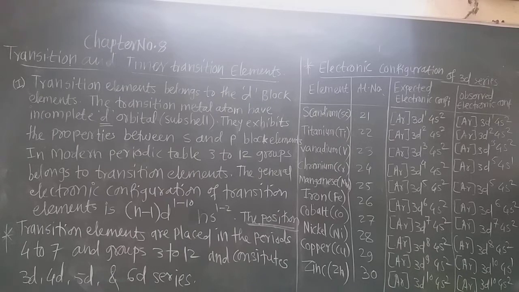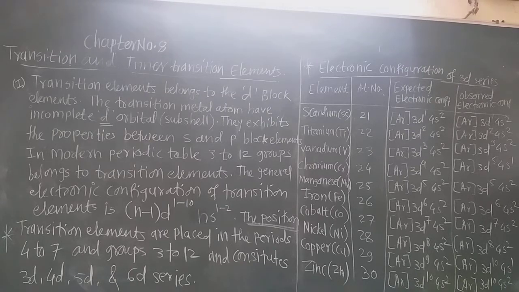We know that the general electronic configuration given for the transition elements is n-1 d 1 to 10 ns 1 to 2, and these transition elements are placed in periods 4 to 7, that is the horizontal series, and the 7th period is always incomplete, we know that.